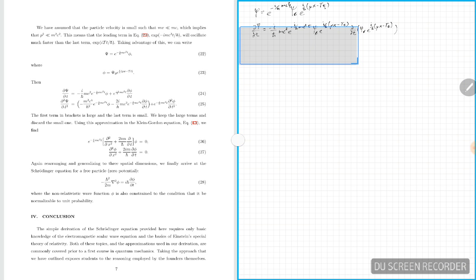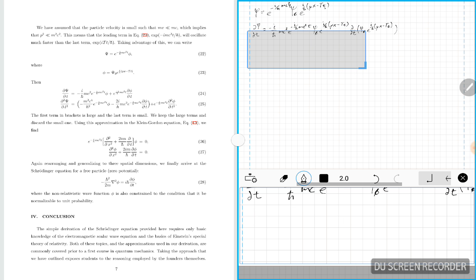We take the second derivative, so let's take the derivative of the derivative we just took.